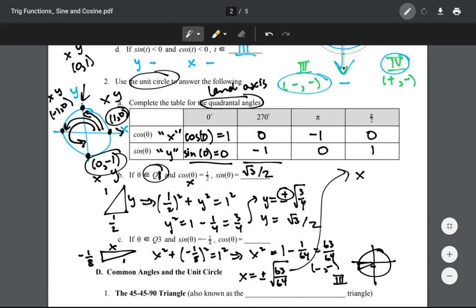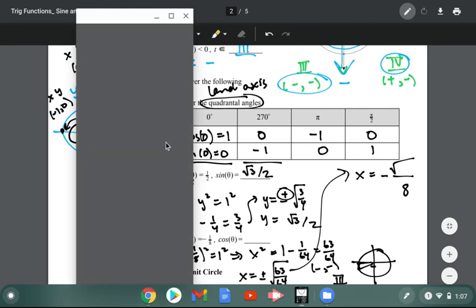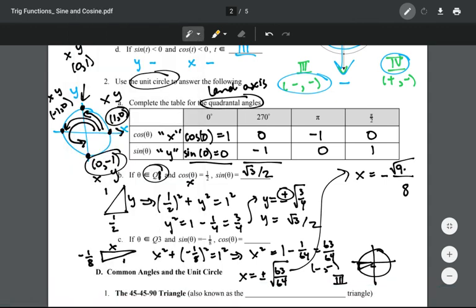I'm choosing the negative, so negative over 8. And I can break that 63 down. If you're not good at breaking down square roots, go ahead and just take whatever number you're trying to take a square root of and start dividing in perfect squares. Well, 9 happens to go in there 7 times, and 9 is one of my perfect squares. So it's 9 times 7. I can go ahead and take the square root of 9. So I get negative 3 radical 7 over 8.